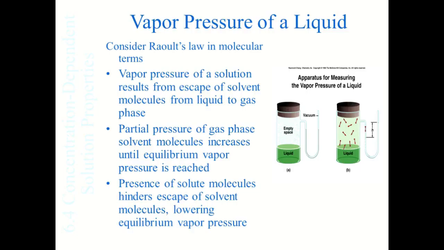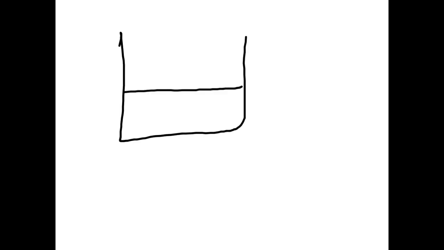Now, if it's a pure liquid, let me imagine this situation. Let's say you have a beaker and you have a liquid, just some solution, or even just pure water. Remember, it's only the particles at the surface that can escape, because the water molecules inside are trapped on all sides.